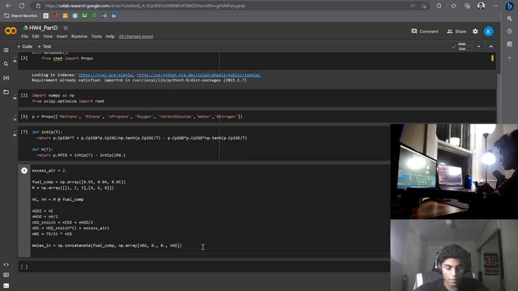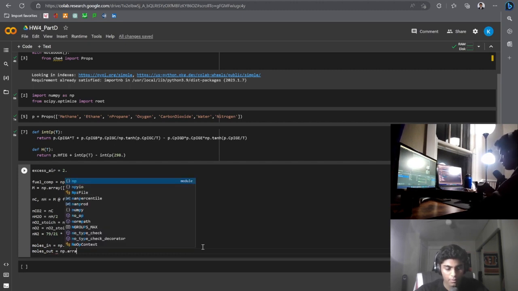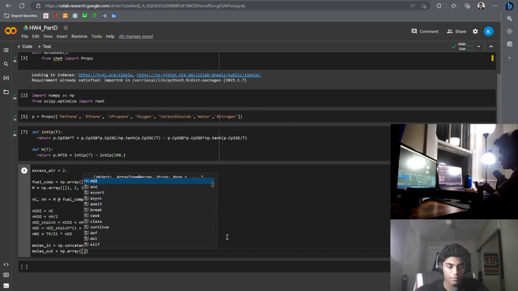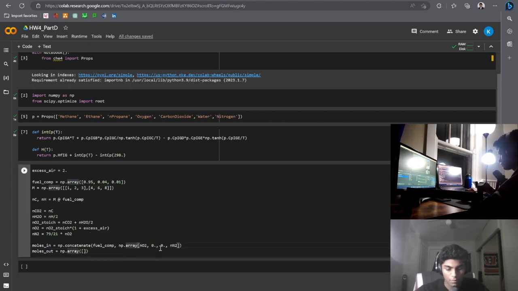Now for our moles out, we're just going to have one single array. There we go. We're going to have one single array, and we're just going to go in the same order that we see up here, making sure that this knows the order of what we have up there, right?